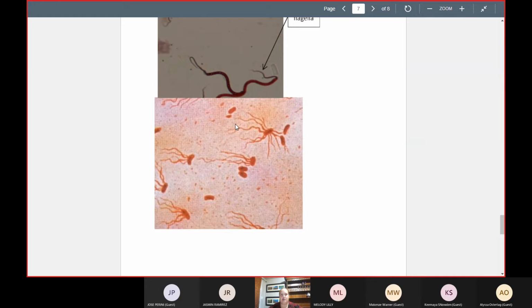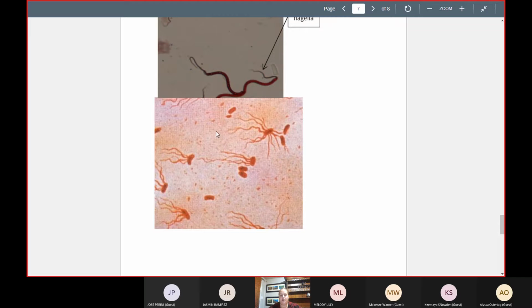And if that random direction is closer to the chemical signature, they'll keep swimming in that direction. If it starts to be more away from the chemical signature, they'll stop, they'll tumble again, they'll choose another random direction, and they'll go in that direction. And it's basically like a game of hot and cold.